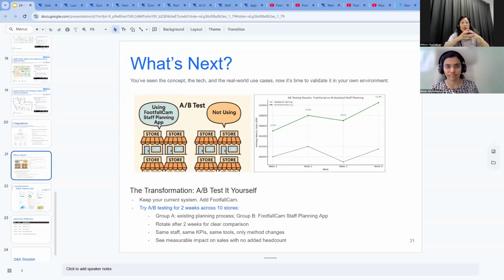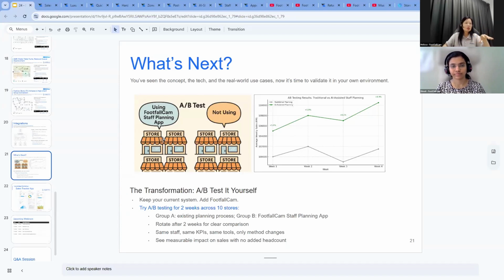To truly evaluate the benefit of this staff planning app, whether it actually works in your own environment, we suggest that you do what a lot of our enterprise clients are doing, which is structured A/B testing. You can take 5 stores and run your operation as you usually would, using your existing planning process.